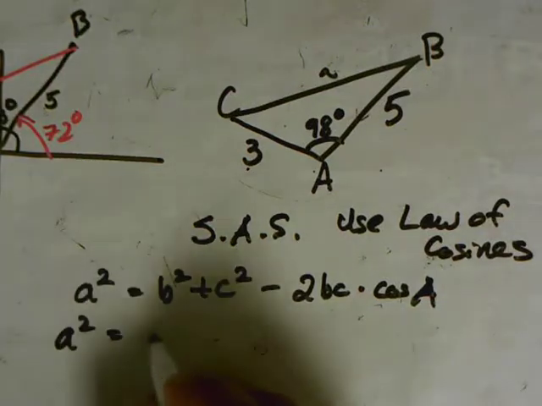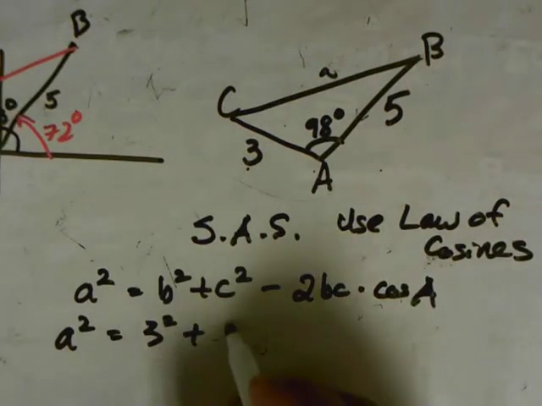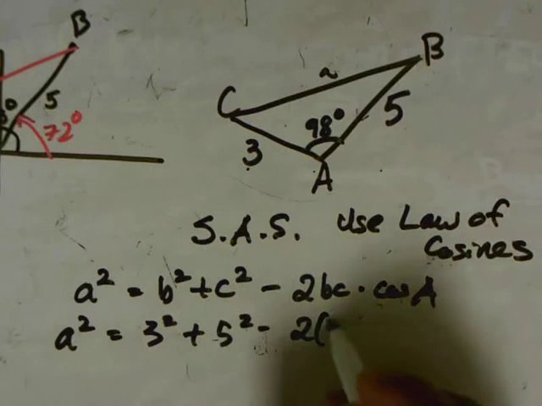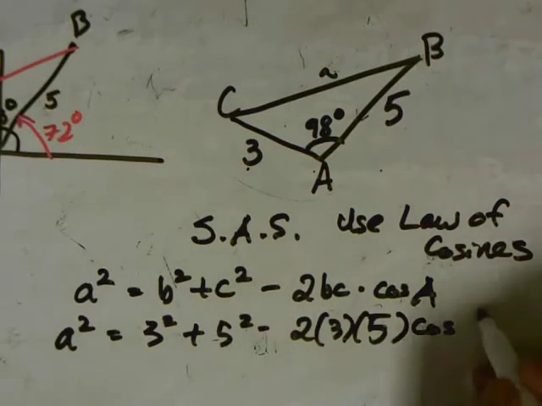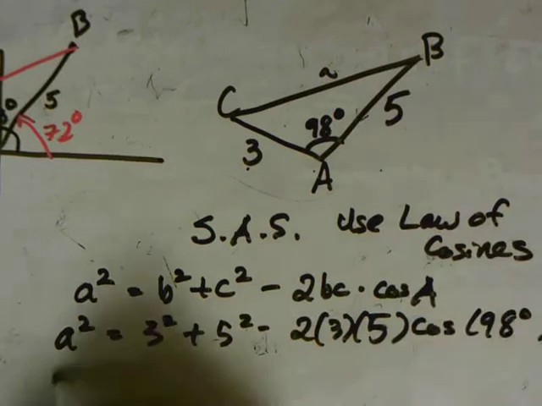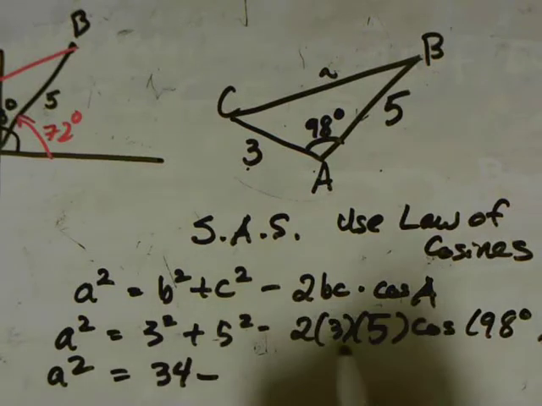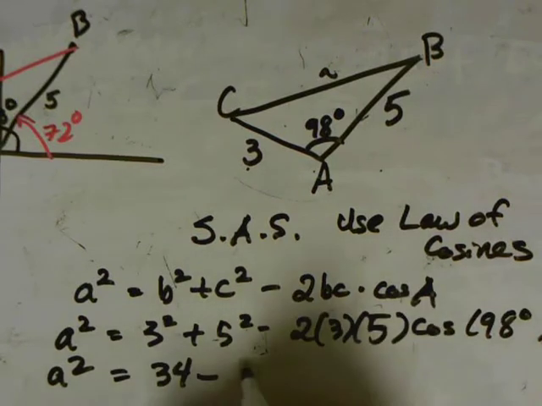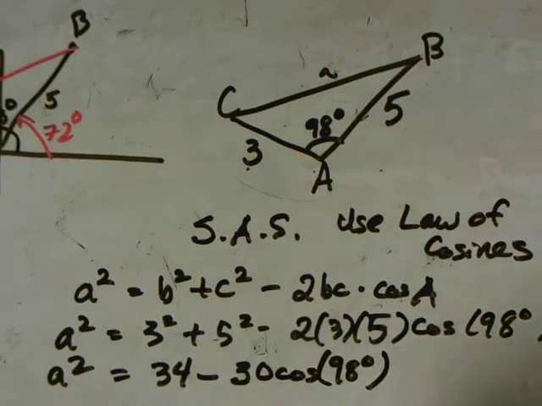A squared is equal to b squared, I know what b is, it's 3, plus 5 squared minus 2 times 3 times 5 times the cosine of 98 degrees. Okay. Do a little bit of further simplification. This is 9 plus 25, that gives me 34, minus 2 times 3 times 5 is 30, cosine of 98. Okay.